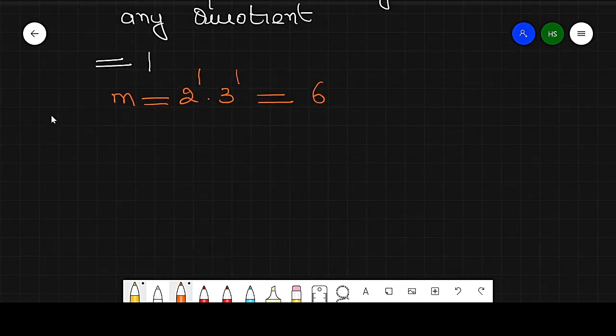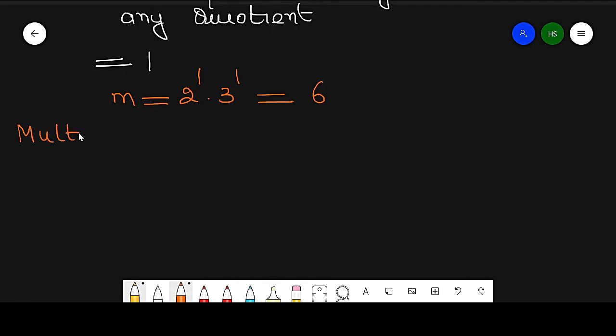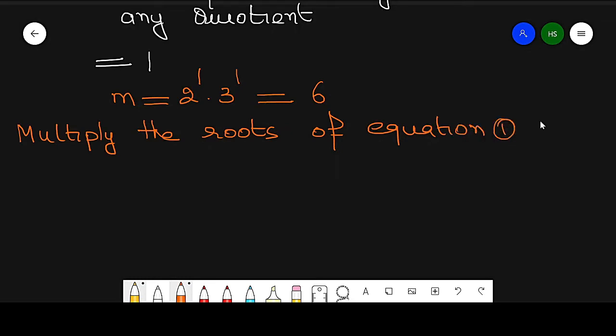Now multiply the roots of equation 1 by 6.